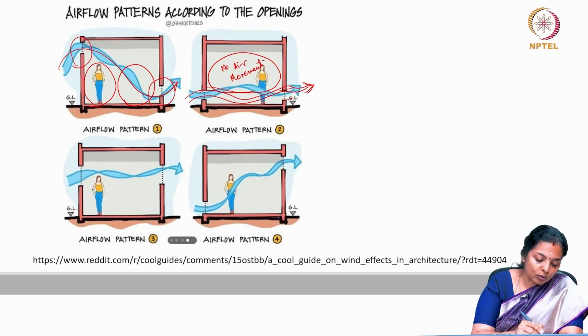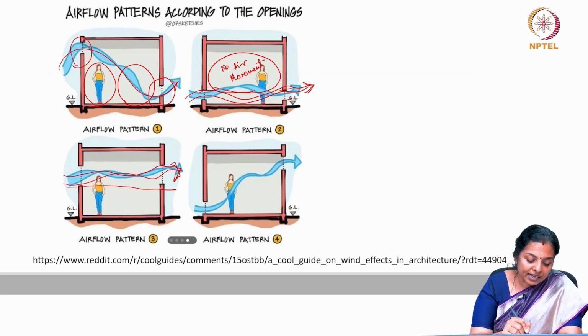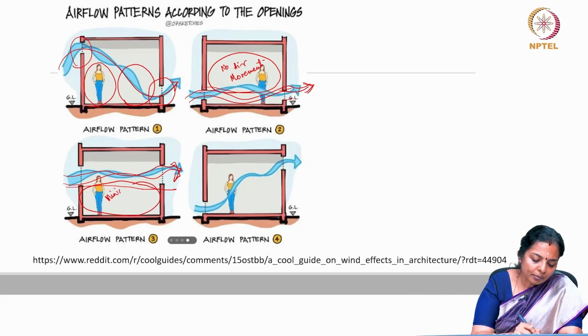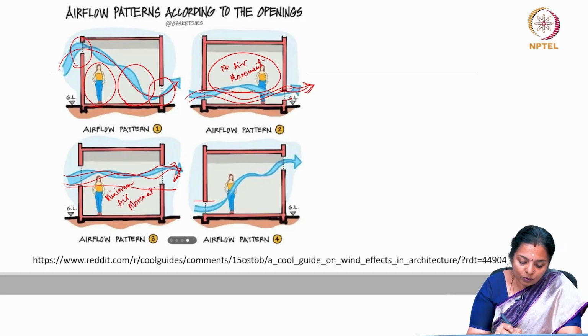If you have windows at heights which are above human activity area, when the inlet and outlet is such, then at the human activity level there will be minimum air movement. Whereas, if you have the inlet at a lower level and outlet at a lower level, you would get this breeze.